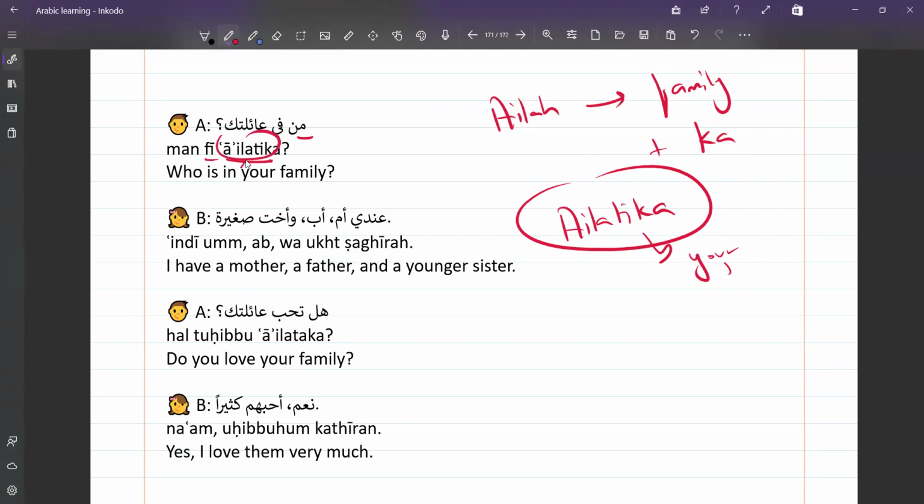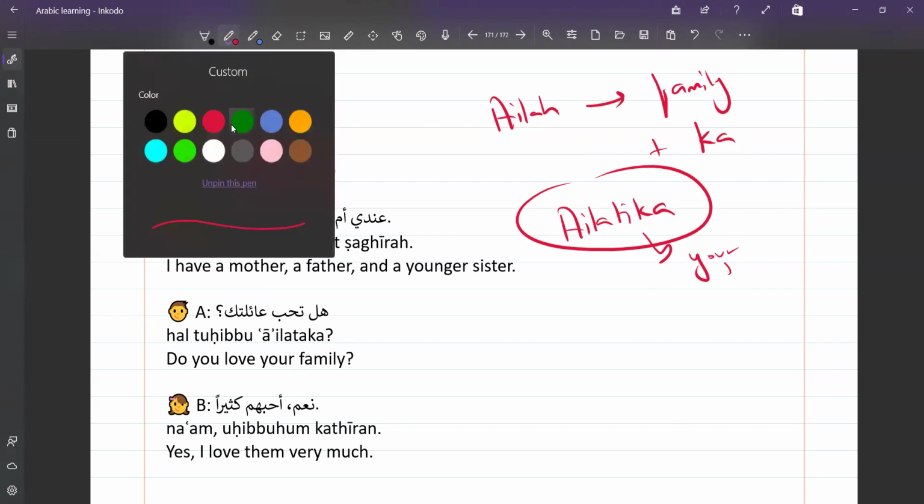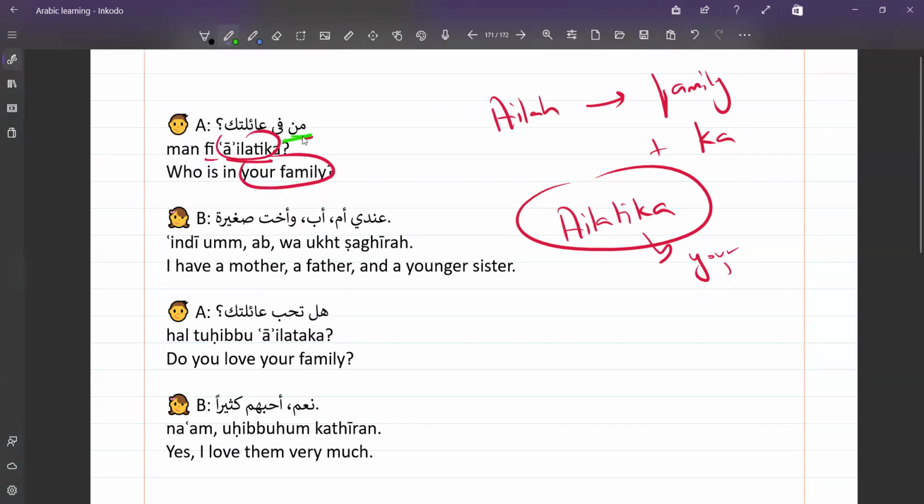Ailatika means your family. And the word man, the question word, means who. And fi is a preposition, it means in. So man fi ailatika would mean who is in your family?